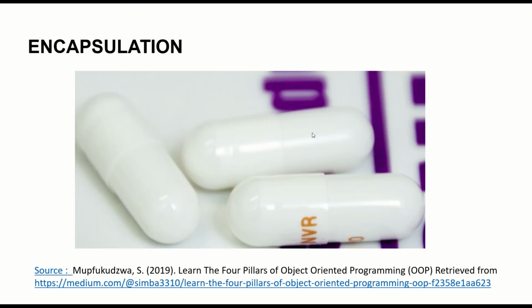Okay, let's further discuss each pillar. We are starting with encapsulation. The concept of encapsulation is grouping of information. For example, a capsule contains certain components that work together to address a particular pain.